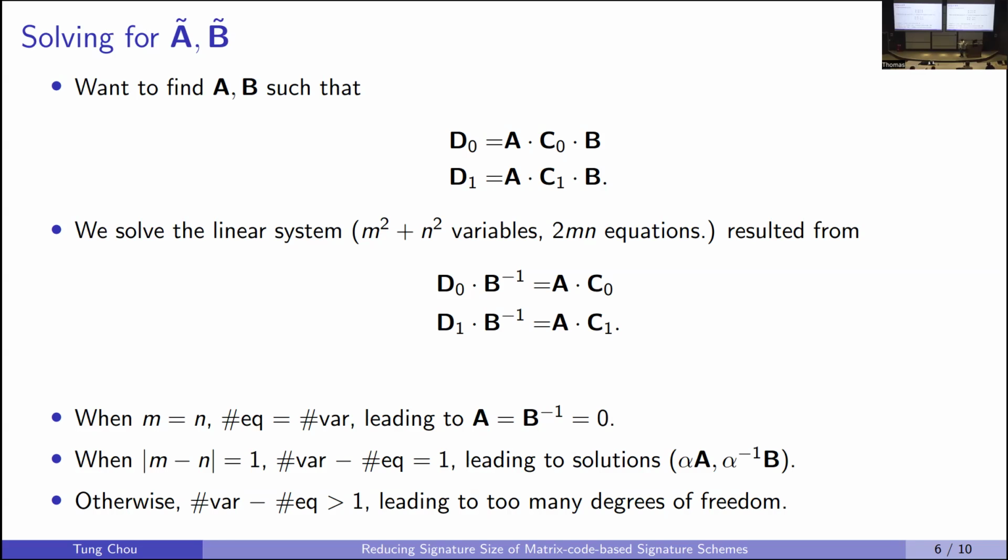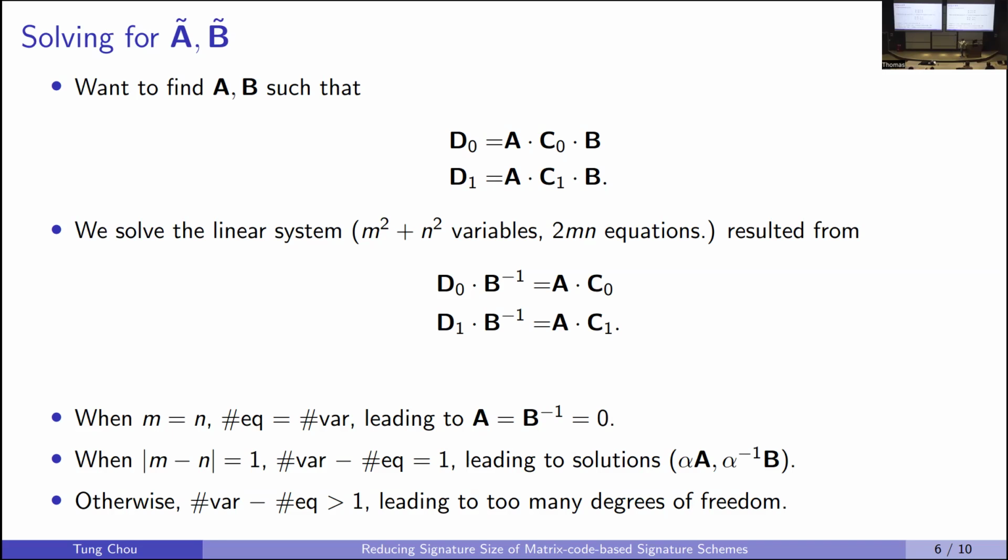And in the last case, if you have a number of variables that's greater than 1 more than equations. Oh, sorry, I should add an absolute value here. If the difference is more than 1, then this will lead to too many degrees of freedom.